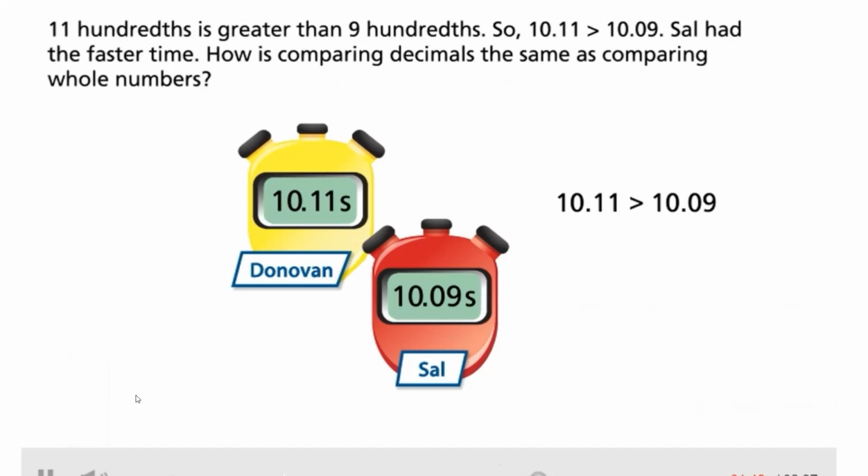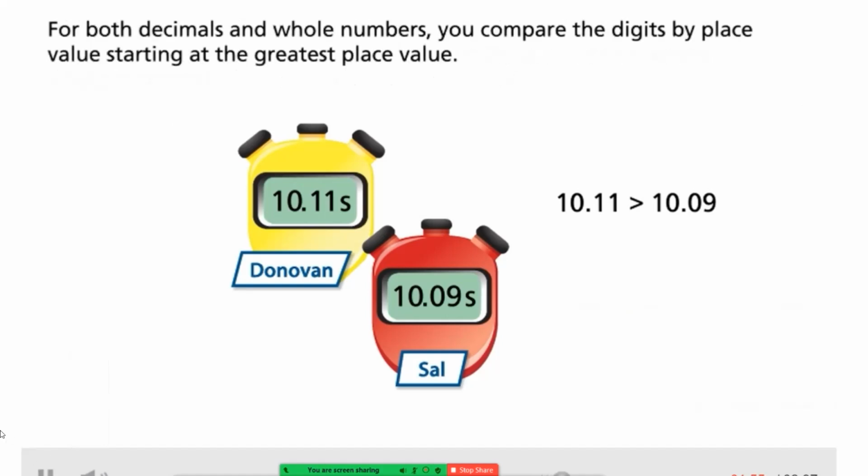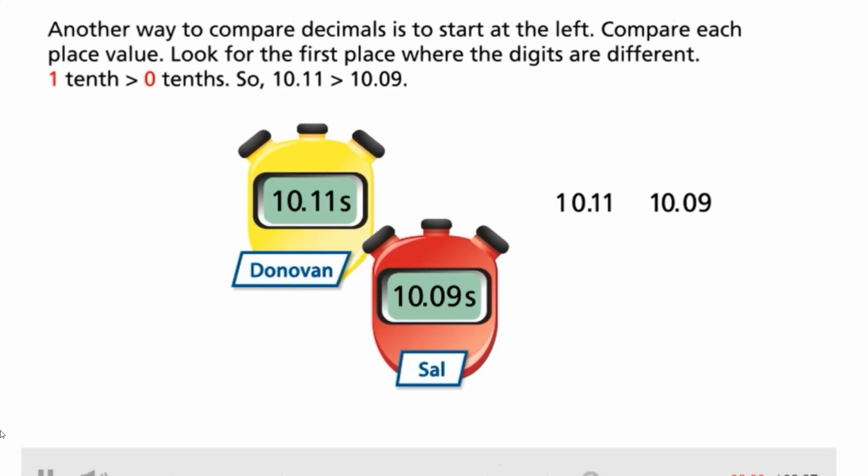How is comparing decimals the same as comparing whole numbers? For both decimals and whole numbers, you compare the digits by place value, starting at the greatest place value. Another way to compare decimals is to start at the left. Compare each place value.